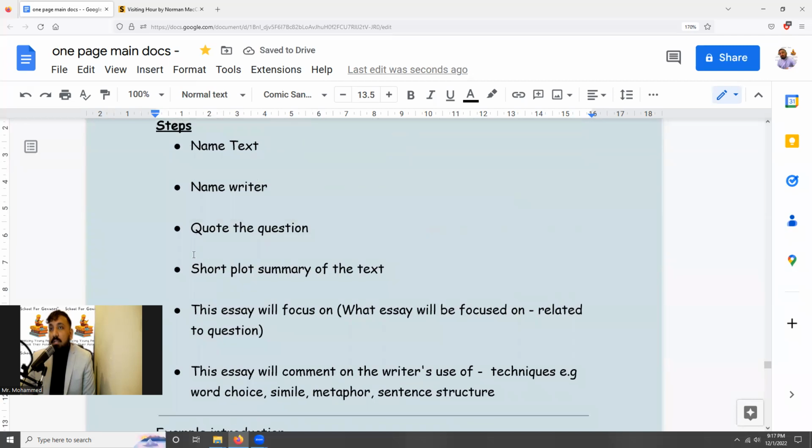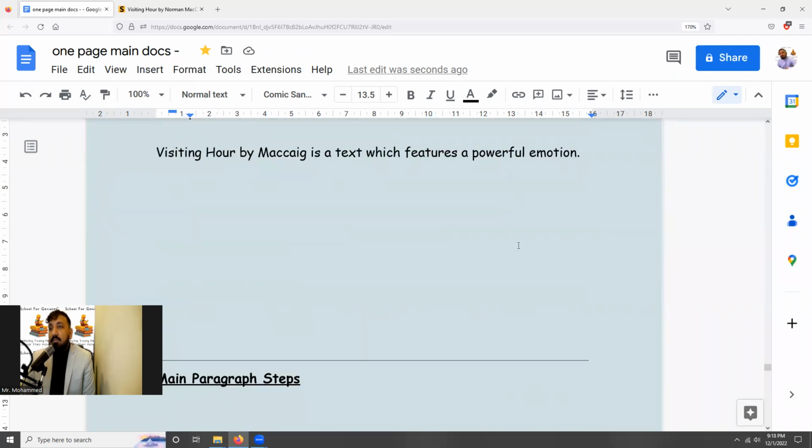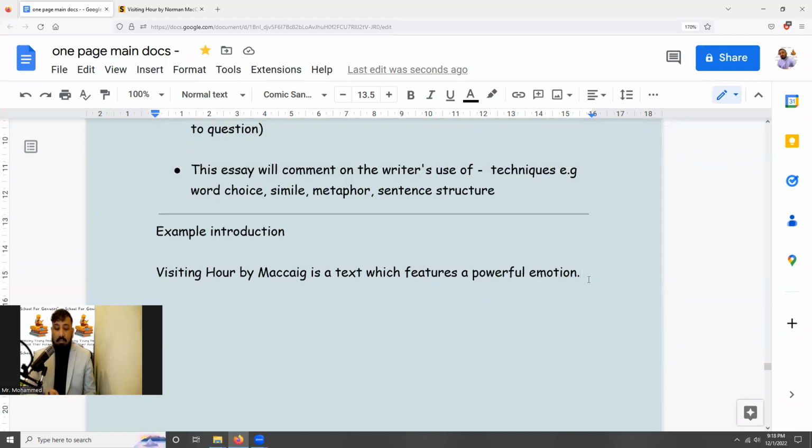Okay, that's it. Now we're on this short summary of the text. We just say in the text, the speaker describes their experience. I'm just explaining what happens in the text in a very basic, general kind of way.